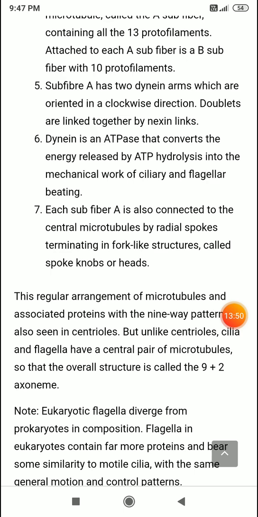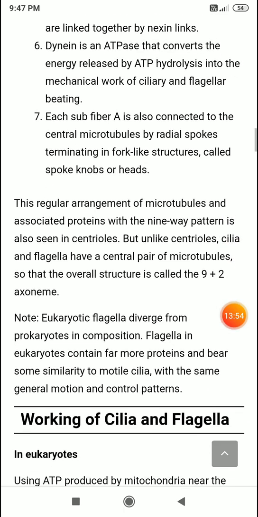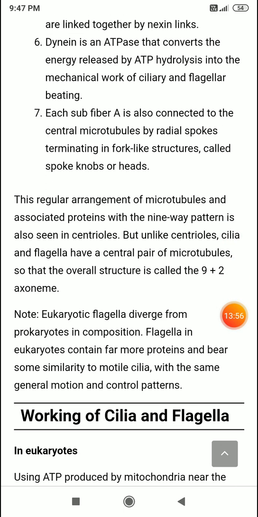This regular arrangement of microtubules and associated proteins gives the 9 plus 2 pattern. Like centrioles, cilia and flagella have a central pair of microtubules, so the structure is called the 9 plus 2 axoneme.